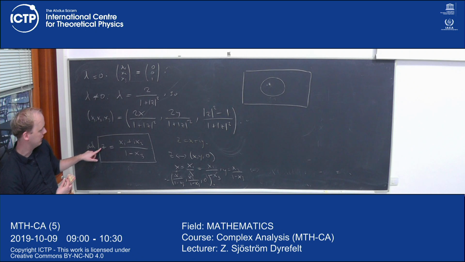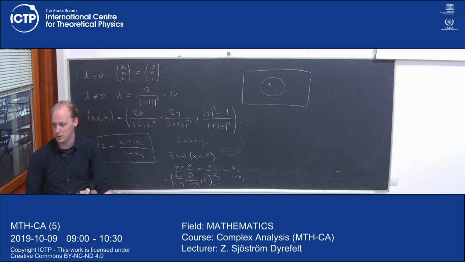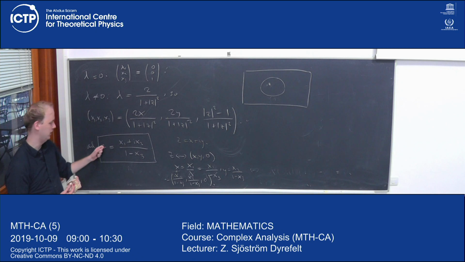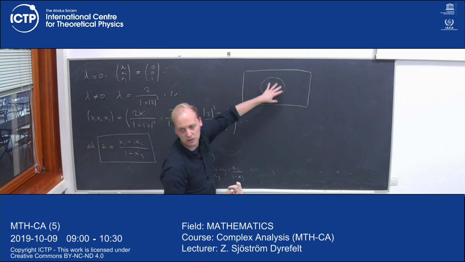Okay, you have a problem with this formula. Because I think it does not depend on x3. Because we can take x1 and x2. So if you have this point x1, x2, x3 on the southern hemisphere, then this should associate some z which lies inside this unit disk.